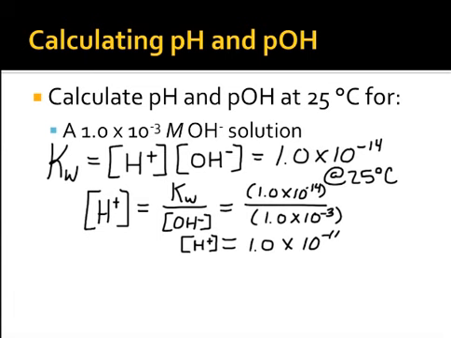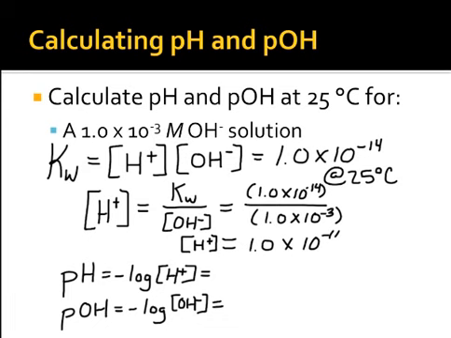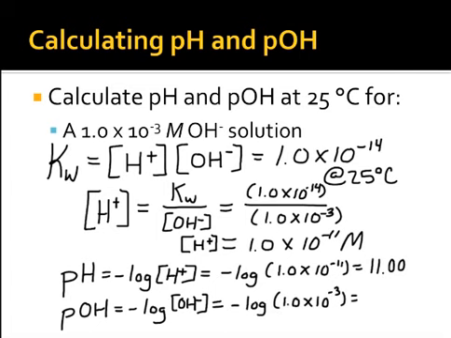The negative log of that concentration is equal to 11.00. The negative log of the hydroxide ion concentration is equal to 3.00.